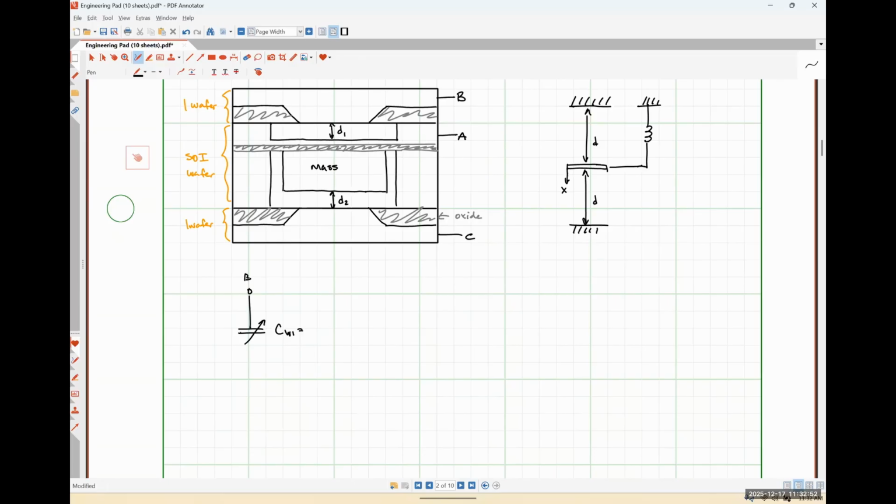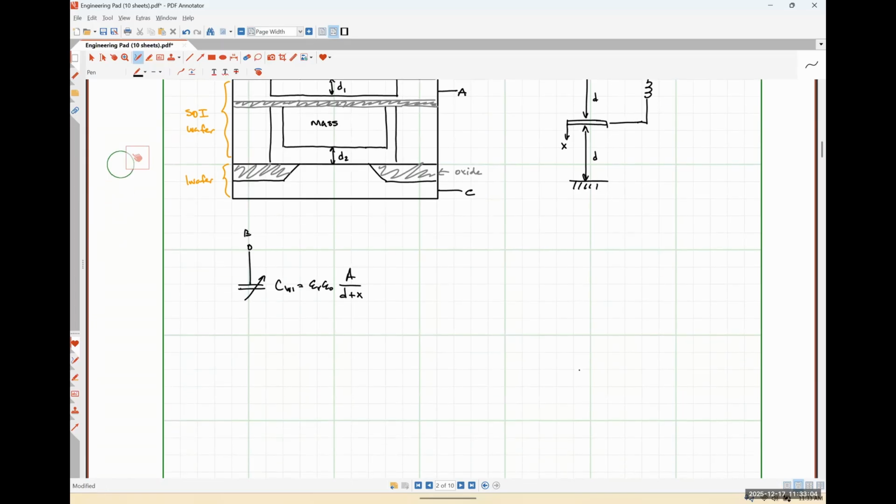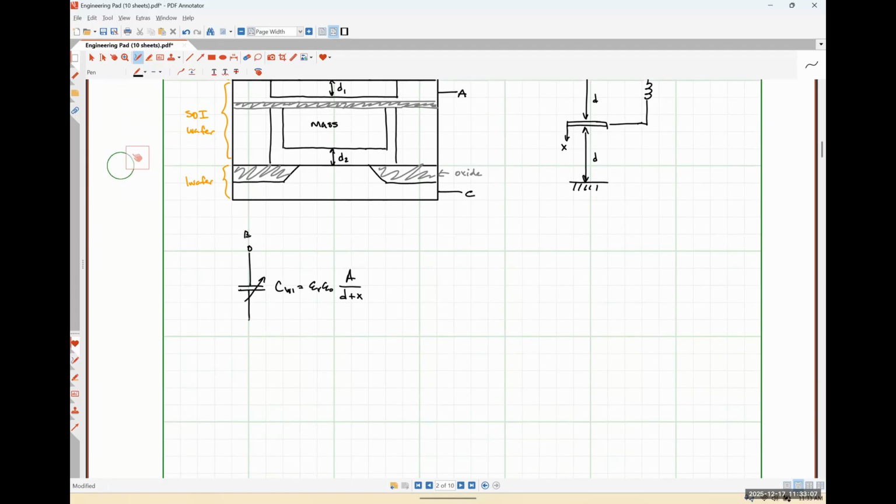And it will have a capacitance of epsilon R, epsilon naught A over D plus X, the amount that our middle plate has gone down. This will be connected in series to our second capacitor.